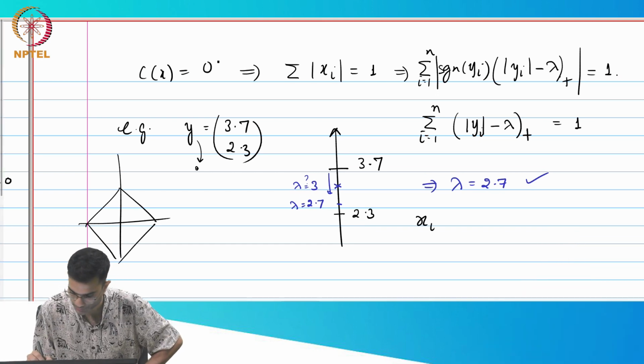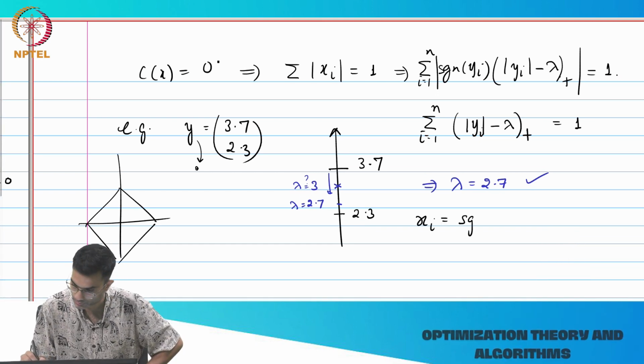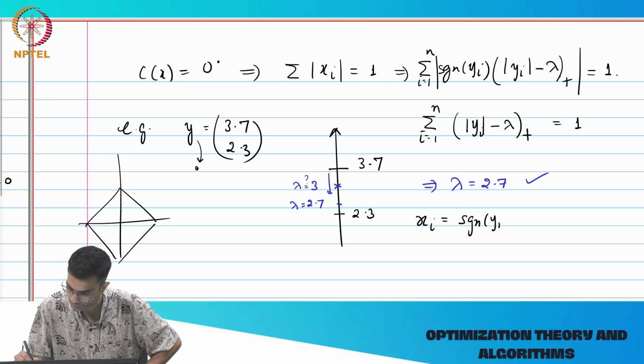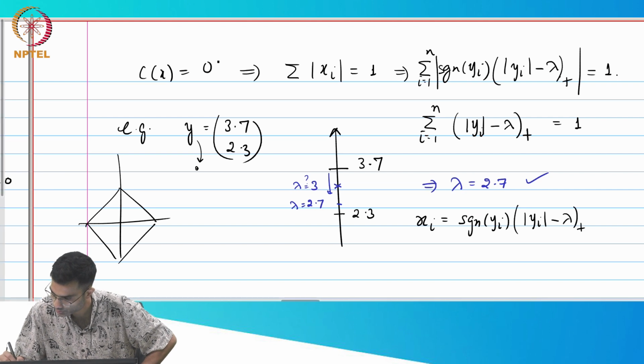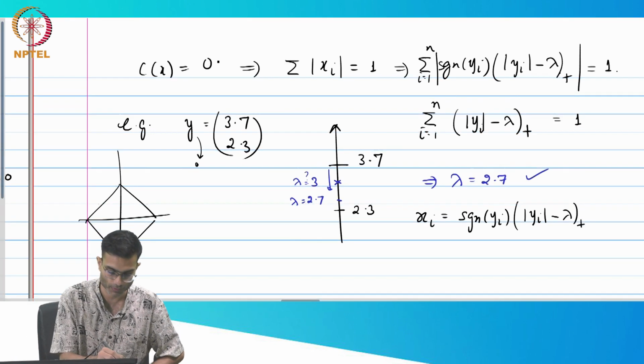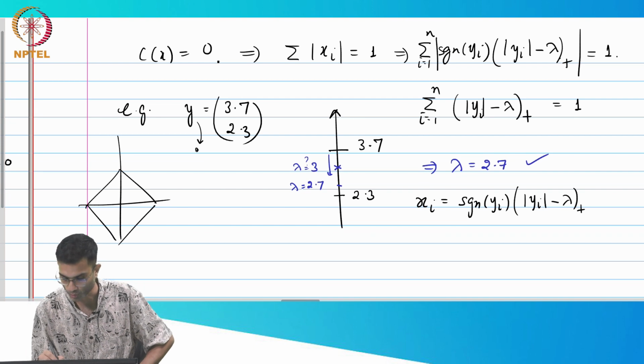So, I had that expression for xi, which was signum yi, this expression over here on top only. This was my expression for this. So, what will x1 be?